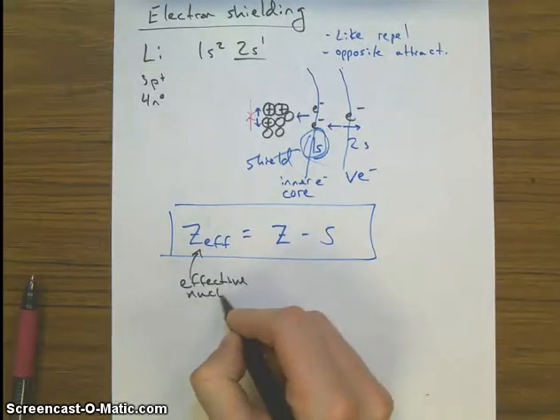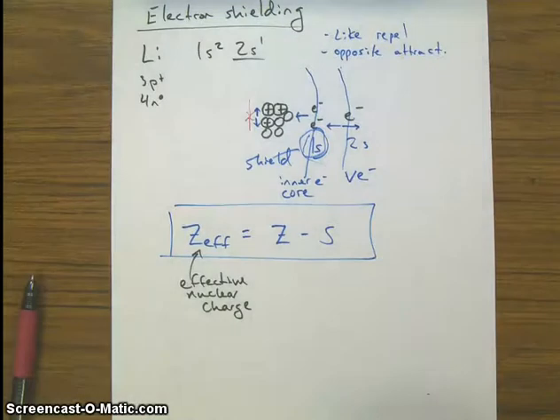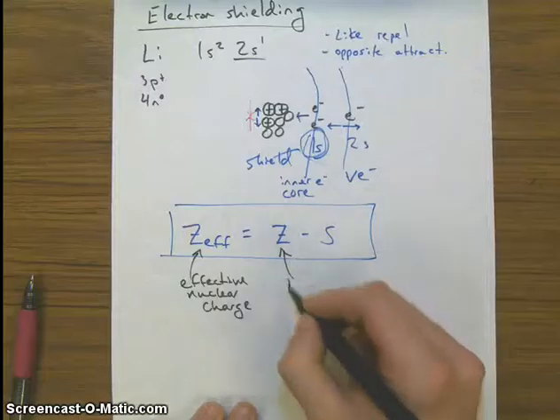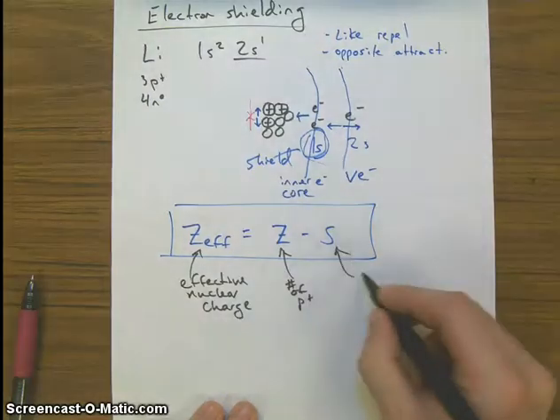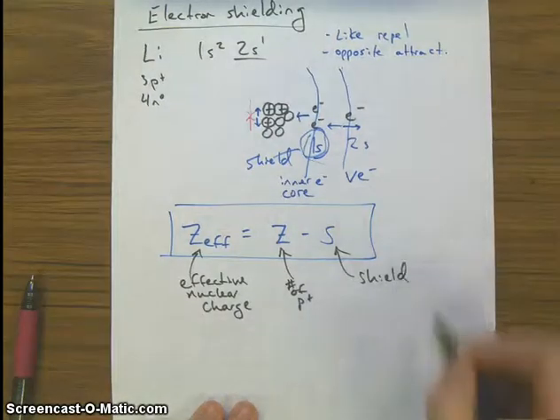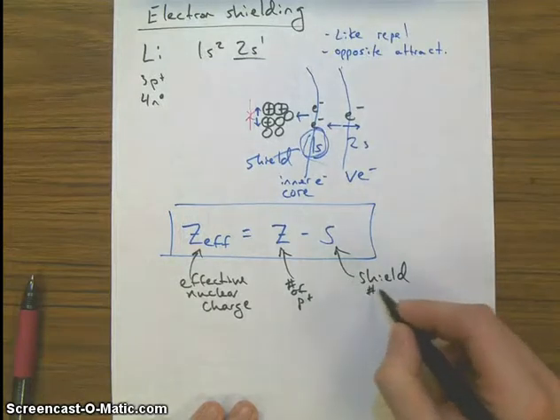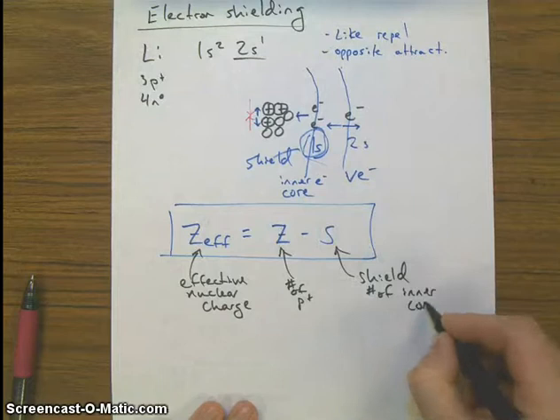Now you should remember from our previous unit that Z is the number of protons. And again, that's what Z represents here, the number of protons. S is your shield. And your shield is based on how many core electrons there are. I should say inner core electrons.